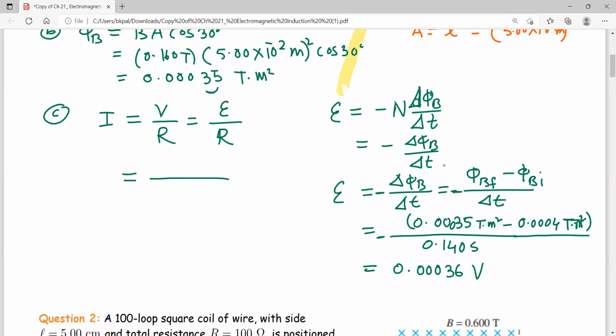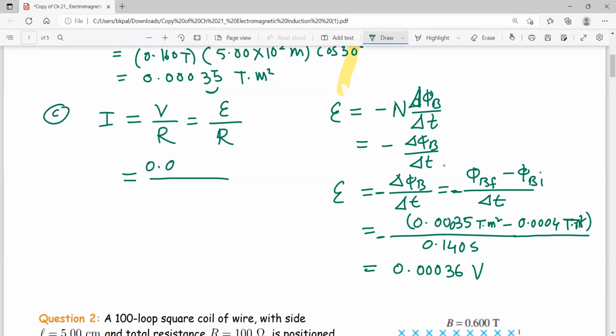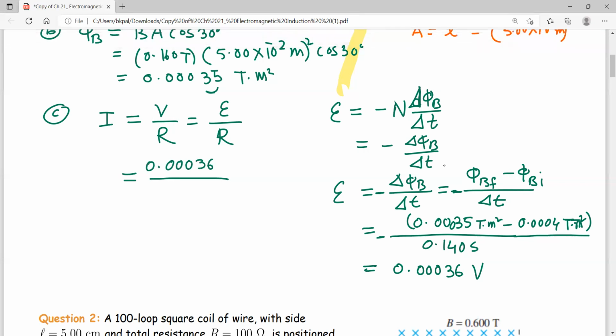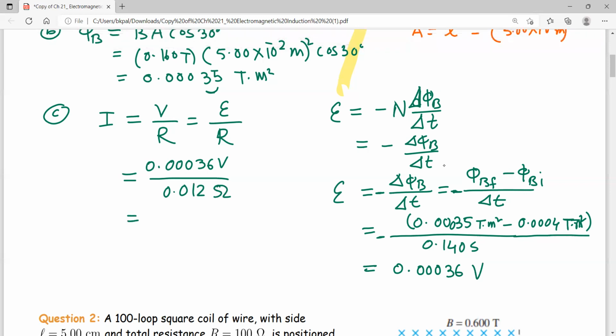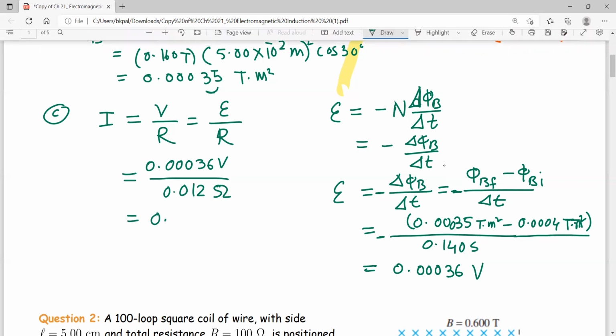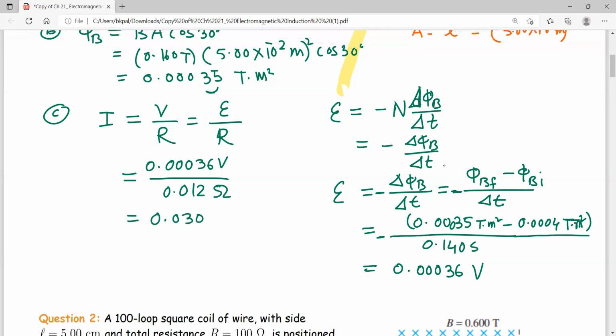Now if you plug this value here, 0.00036 volt, R is 0.012 ohm, and if you do this math, you should get something like 0.030 amp. So the current here in the loop will be 0.030 amp.